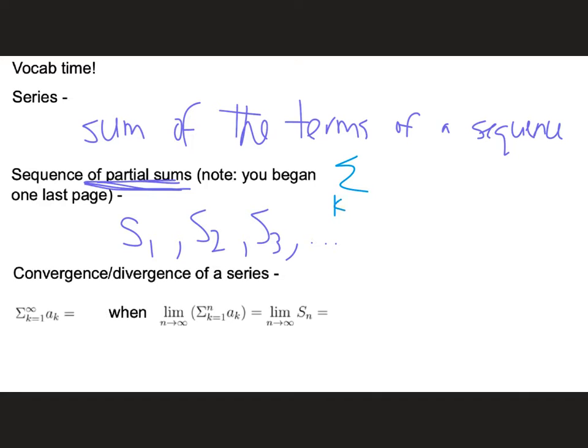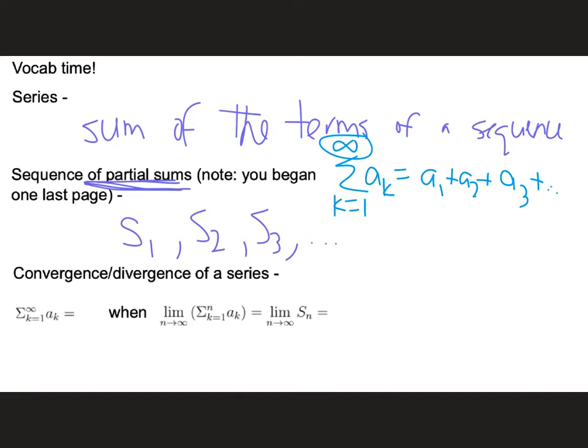Let's pretend we go from k equals 1 to k equals infinity of the a_k's. So the series is the sum, that's what that sigma means. So that's like a1 plus a2 plus a3. And I put infinity, but you don't have to have infinity there. You could just have a number there. You could have 7. It doesn't matter. Infinity is kind of our focus of this topic.